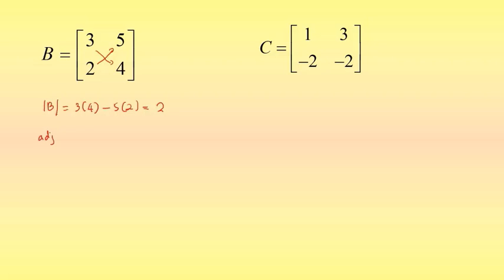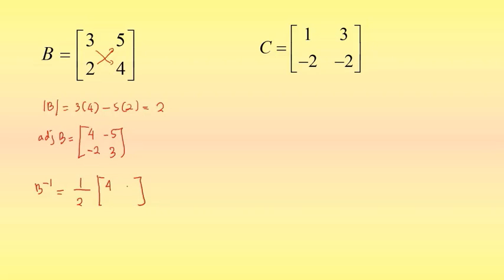So the adjoint matrix of B is, by changing the places of 3 and 4, we have 4, 3, and negative 5 and negative 2. This is the adjoint matrix. Next, proceed with the inverse, which is 1 over the determinant, this is our determinant just now, multiplied with the adjoint matrix.